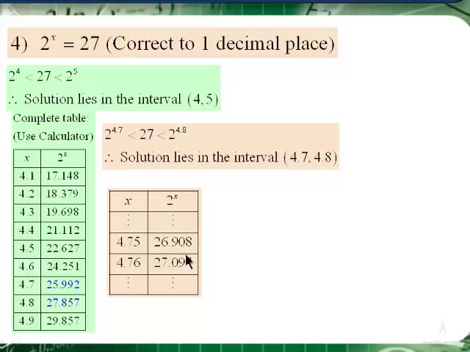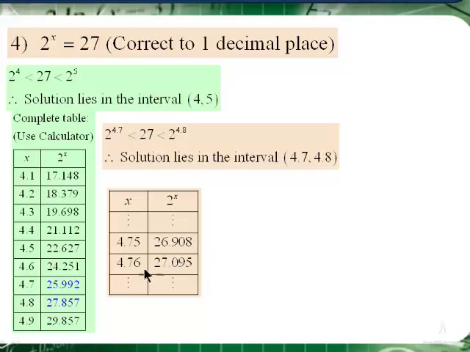0.01. If we do that, we find that if we have 2 to the power 4.75, it's slightly less than 27, while if we have 4.76, it's just greater than 27. And this is as far as you need to go with this particular table.